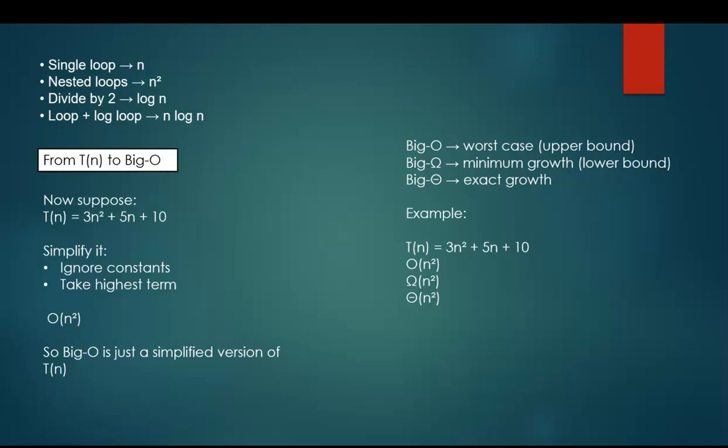For the equation T of n is equal to 3n squared plus 5n plus 10, the best case, that is the assured minimum growth, the lower bound, is omega of n squared. The worst case, the maximum upper bound, is big O of n squared. Since the upper bound and lower bound are equal, theta is again n squared.